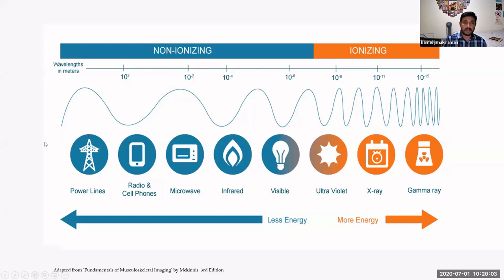These are the non-ionizing radiation, which use very little energy and are not harmful. Whereas the ionizing ones are the ultraviolet rays, X-rays, and gamma rays. These use more energy, and this can cause some damage to the tissues.